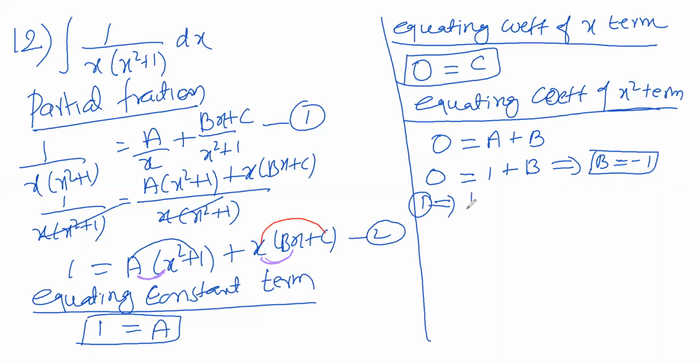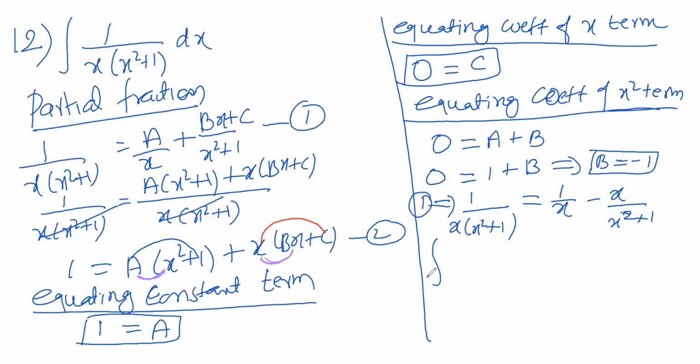So 1 by x into x squared plus 1 is equal to a, which is 1, that is 1 by x, plus bx plus c, where b is minus 1, so minus x, and c is 0, over x squared plus 1. So simplification over. Now we will move on to integration.